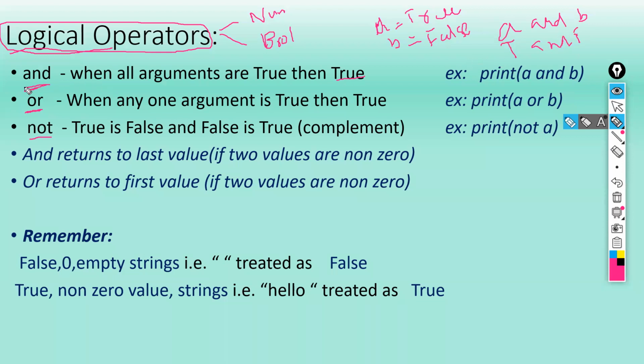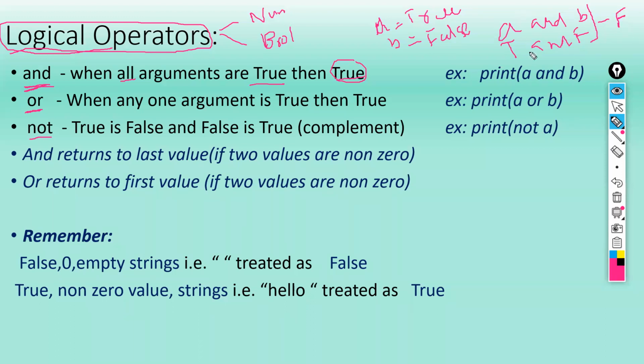Simply, the AND operator gives true when all are true. But here one is true, one is false, so obviously the output is false.